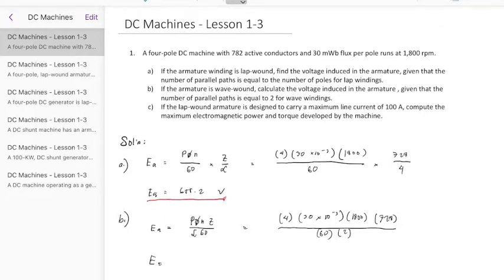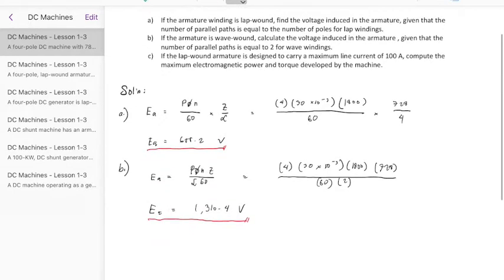So E sub A is equal to 1,310.4 volts. In comparison, the voltage produced with wave winding is 2 times that of lap winding. Now, let's move to letter C.